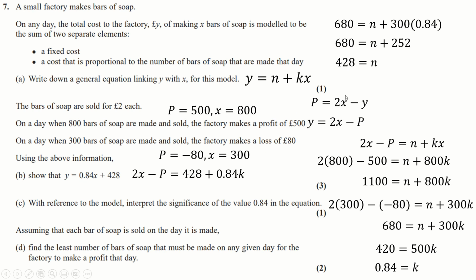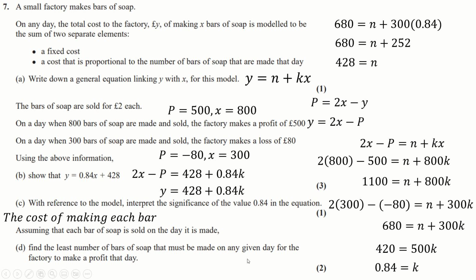Profit is the amount that you make minus the costing. So this goes back into a y and you get what they wanted you to get. So 0.84 is the cost of making each bar, which you already knew because that was the k value we defined as being the cost proportional to the number of bars sold. So if x was 1, this is the cost of making 1 bar.